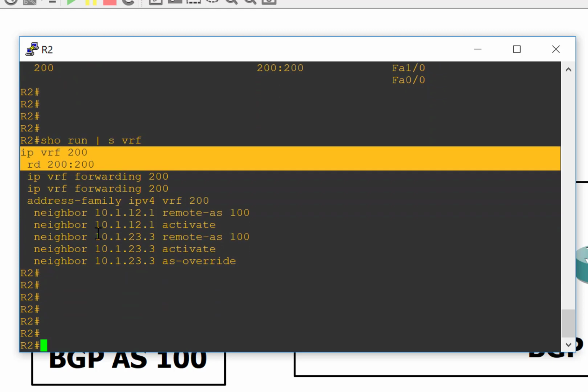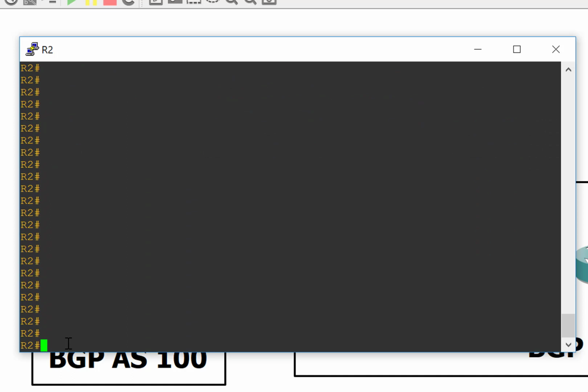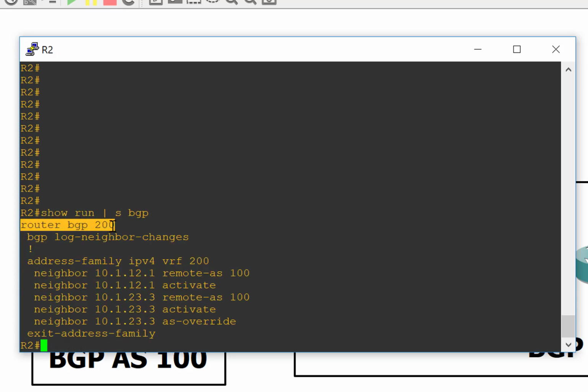Okay, so how do we see our BGP neighbors when we're working inside of a VRF? We do show BGP VPNv4 unicast VRF, and in this case 200 summary. And I can see I have two peers. I'm peered with router 1 and I'm peered with router 3. Let's take a look at the router config. Router BGP, we're entering an address family for IPv4 in VRF 200.